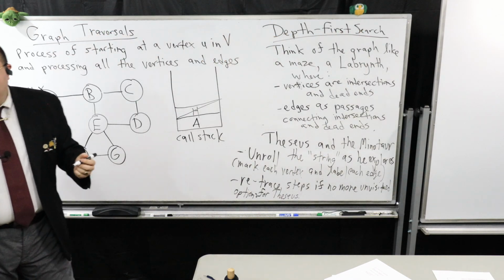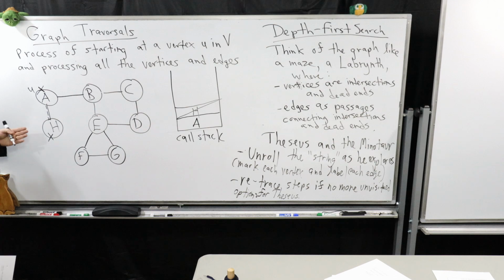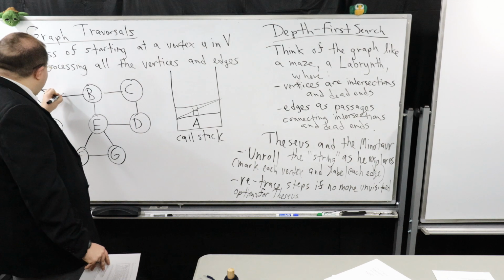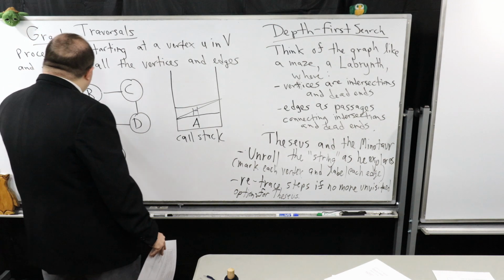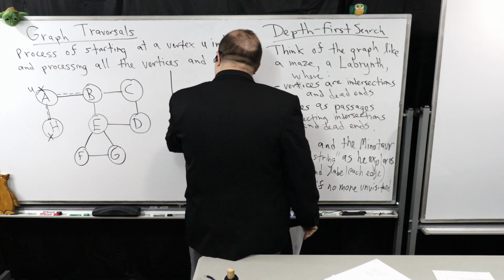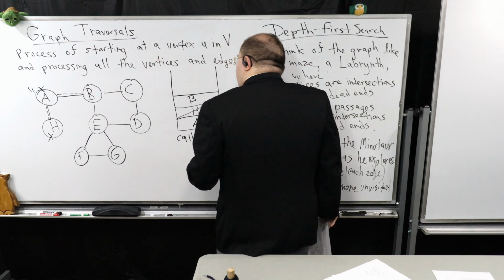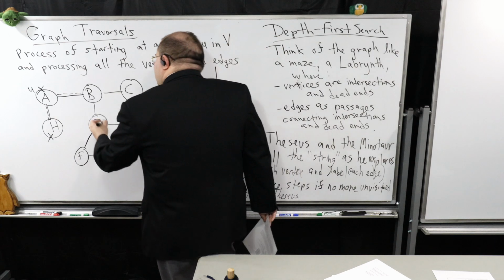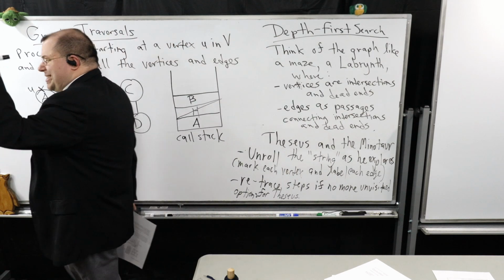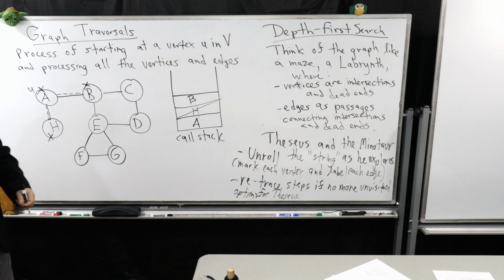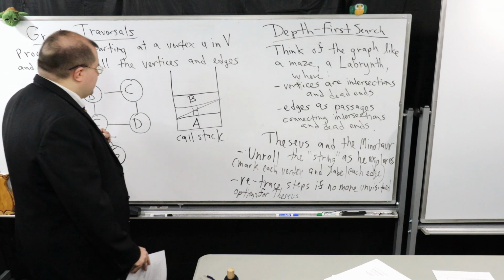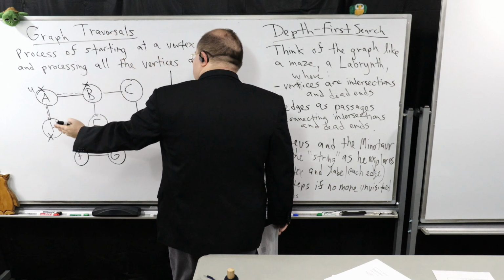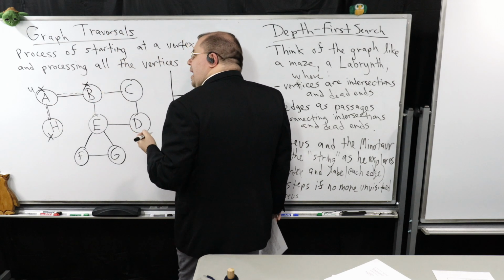I've never been there yet. So what am I going to do? I'm going to label this edge, and then visit vertex B. The first thing I do at vertex B is mark it with a piece of chalk on the wall. And then I look at my incident edges, same idea as before. Now I can examine them in any order I would like.